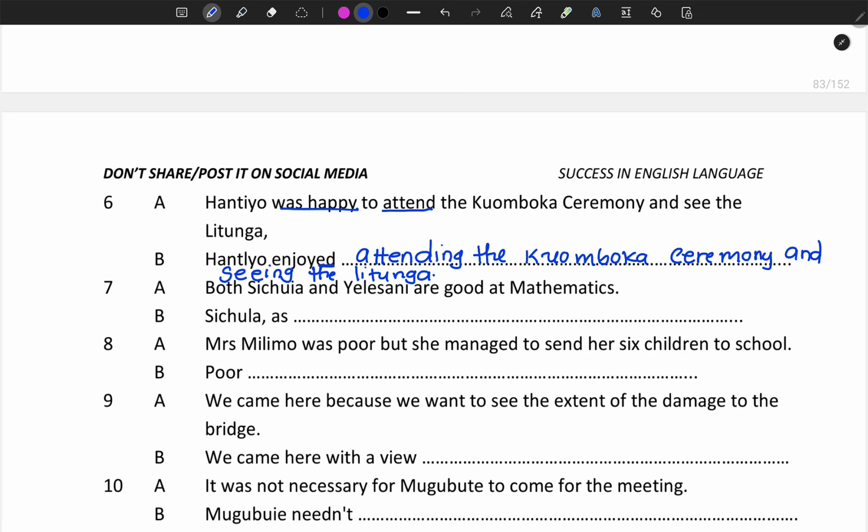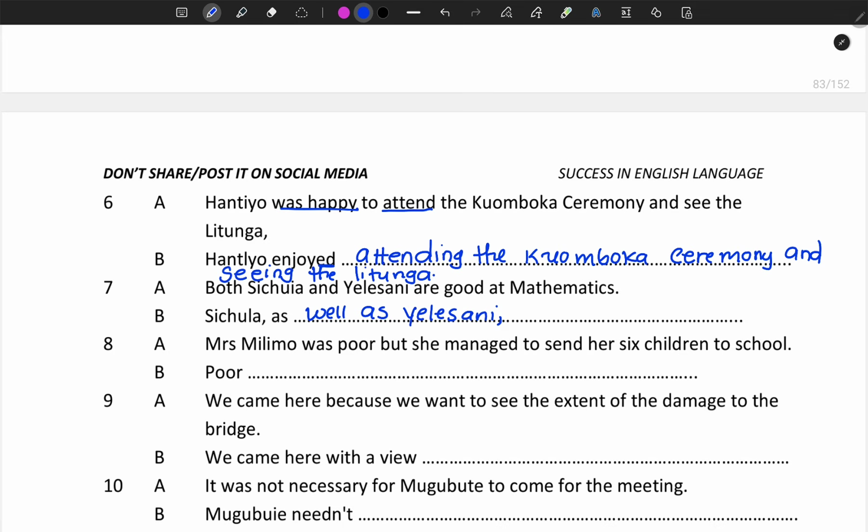Number 7. Both Sichula and Yelesani are good at mathematics. So here we are looking at 2 individuals. Sichula, comma, as well as Yelesani, comma.